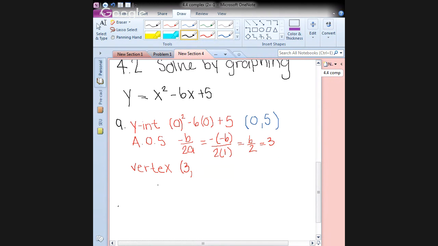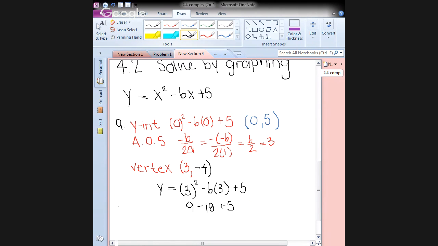So y would be equal to 3 squared minus 6 times 3 plus 5. So 3 squared would be 9, minus 18, plus 5. That gives me the y of my vertex, right? So we would get negative 4. So (3, negative 4) would be my vertex.